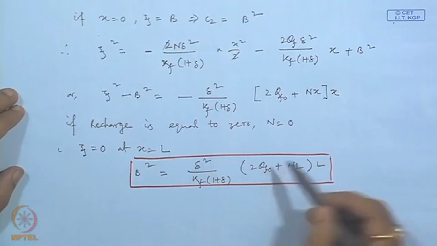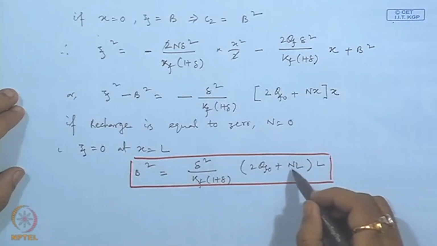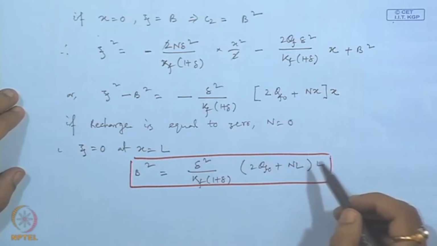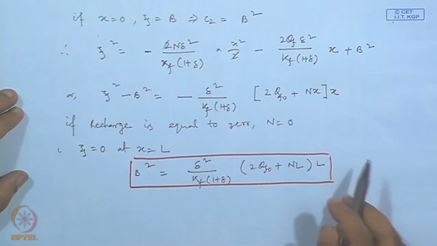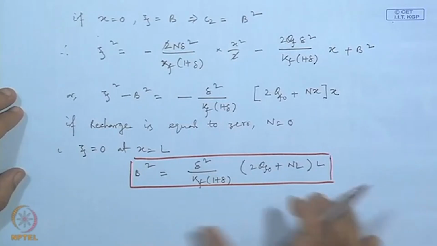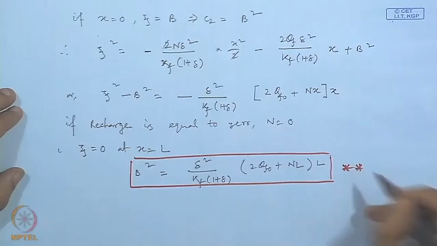Qf as we have defined in our assumptions, and n is the recharge rate, L is the length of the wedge. So, with this relationship we can easily find out the shape of the wedge, and this is the final relationship between different parameters in unconfined aquifer. So, we can utilize this thing for our calculations.